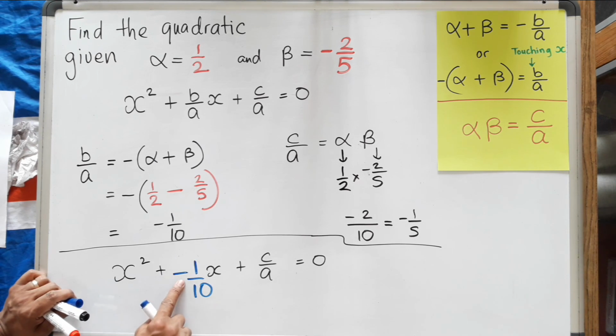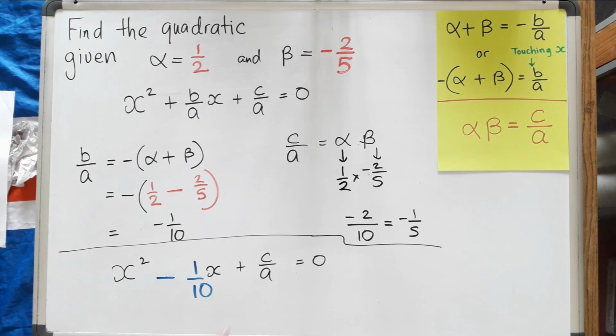A positive meets a negative, so let's just put the negative. C divided by a is minus 1/5. Positive and a negative come together again, so you get a negative.